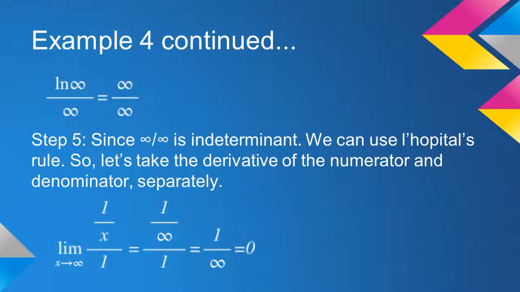And since infinity over infinity is an indeterminate form we like, we can use L'Hopital's rule. So we take the derivative of the numerator and denominator separately. The derivative of ln x is 1 over x, and the derivative of x is 1, so we have 1 over x over 1. We substitute infinity, and we get 1 over infinity, and that simplifies to 0.